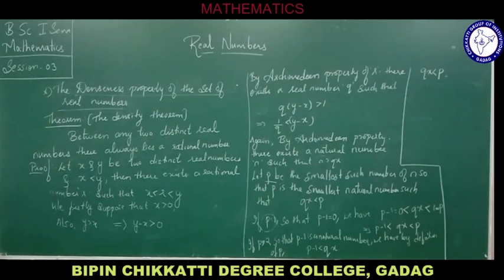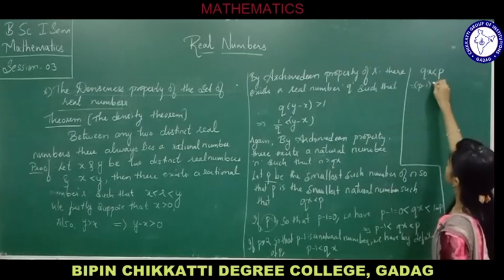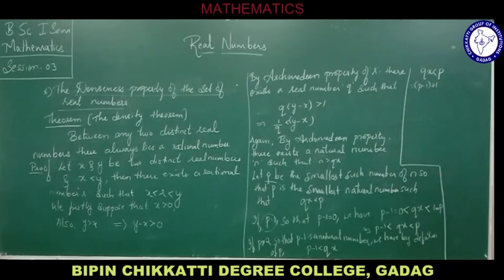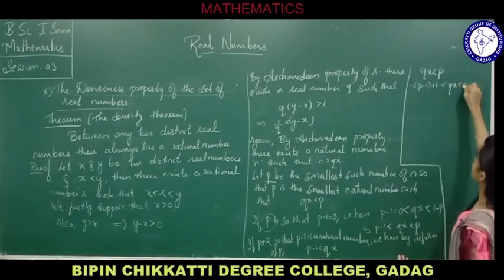We are just going to simplify. That is P minus 1 plus 1, nothing but P itself, that is going to be less than Qx.